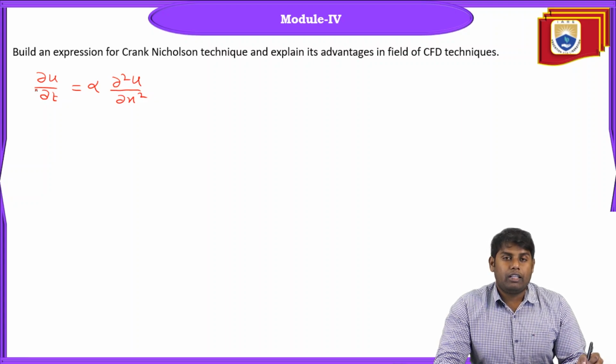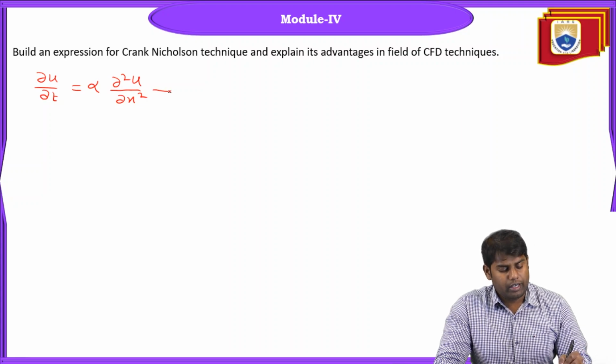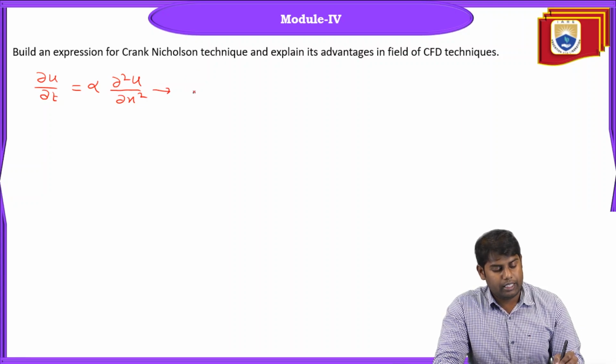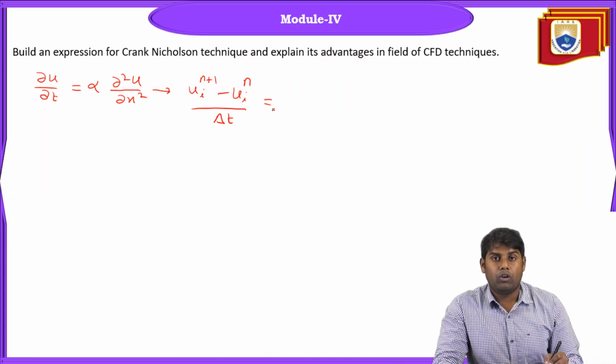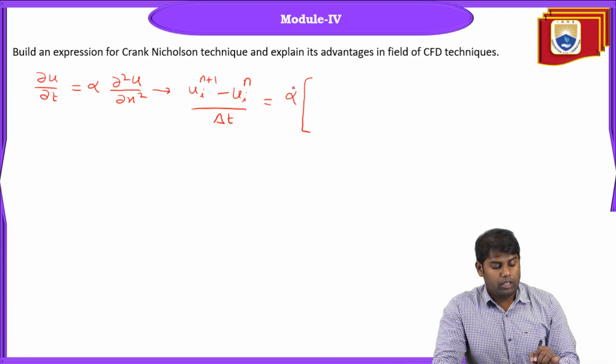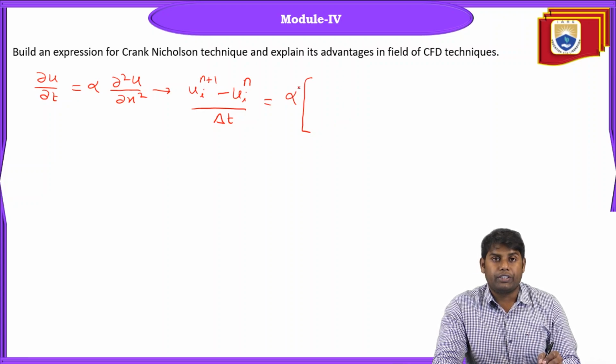For this we have to write the semi-implicit equation, so we'll write it down here. We have (u of i to the power of n+1 minus u of i to the power of n) divided by delta t, which is equal to alpha into, and here we have two things.